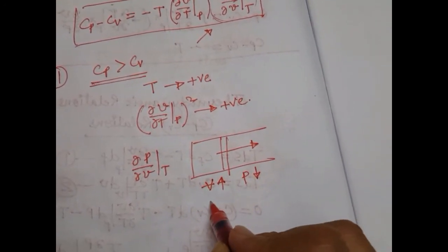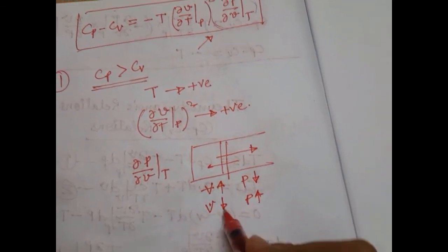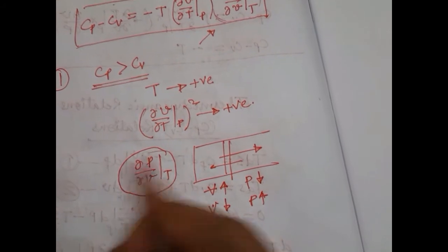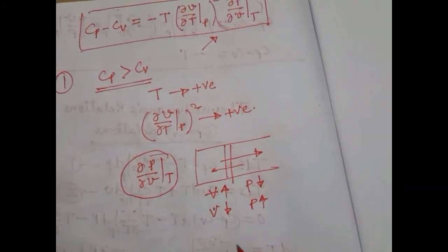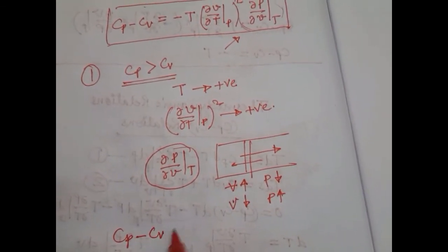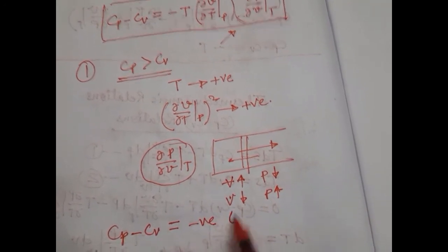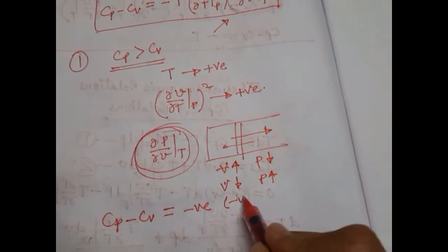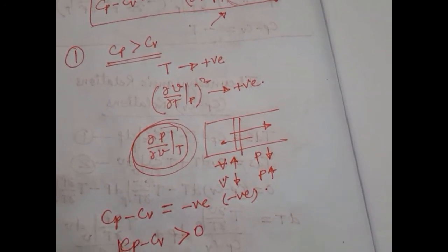Or if I increase the pressure, what will happen to volume? It will decrease. That simply means in either case this derivative has to be negative. With the negative sign in front, Cp minus Cv becomes more than 0. Hence proved.